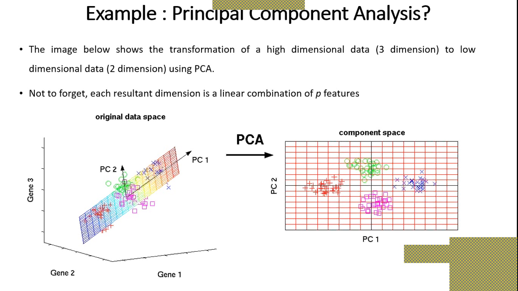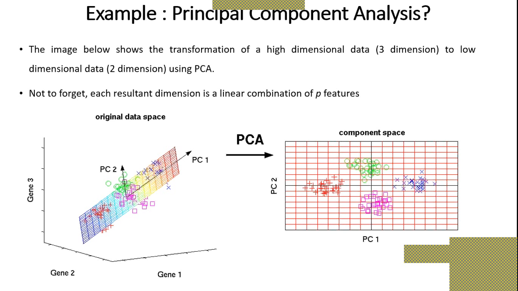But using PCA, we are creating a component space, converting the original data space into the 2-dimensional TC1 and TC2, and now it is very easy to understand and differentiate the data.